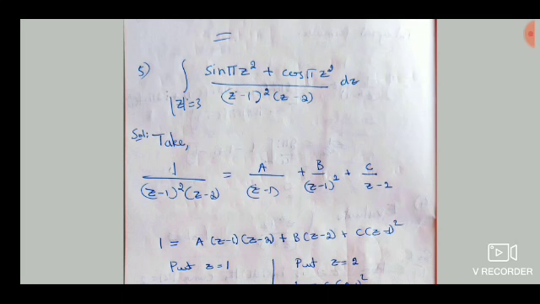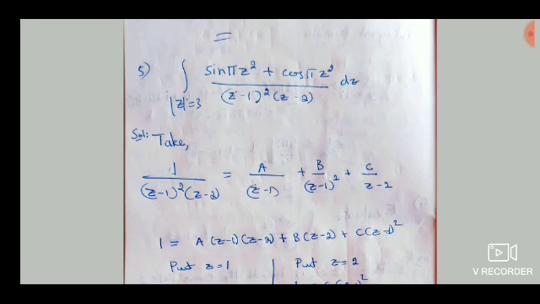Now just take 1 by z minus 1 whole square into z minus 2. We use partial fraction to separate this. We cannot use the method as we used before. For partial fraction we have another method here, because z minus 1 is to the power 2 here.